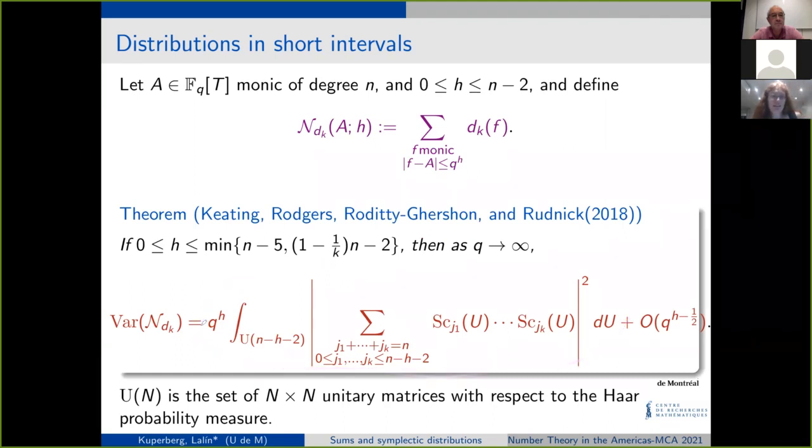And this is an integral over the unitary matrices.